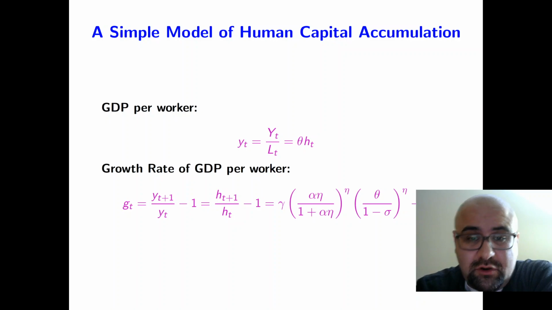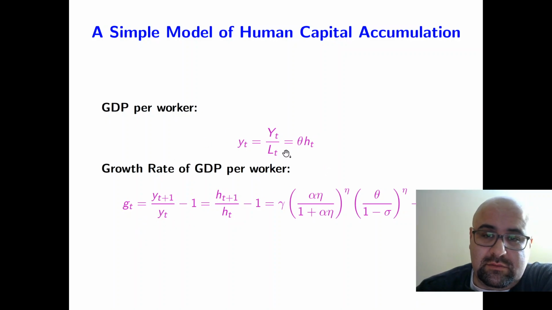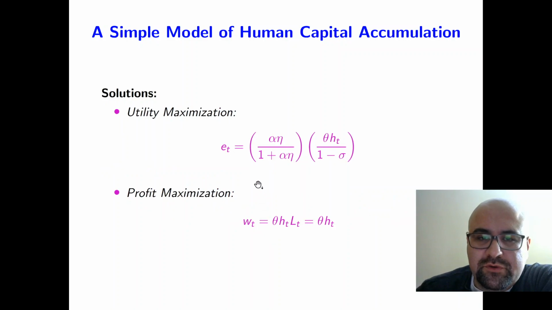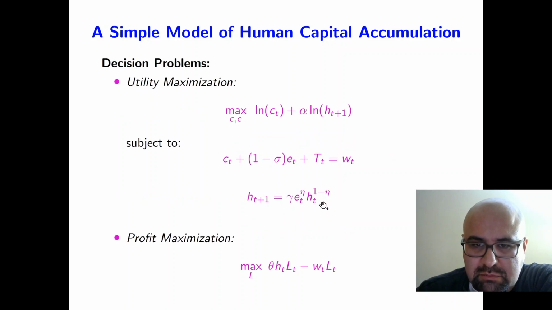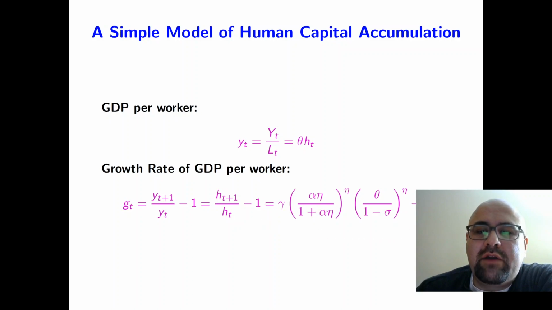But importantly, if this is true, growth rates are the same, right? So the growth rate of GDP per worker will be equal to the growth rate of human capital per worker. And if we put in the optimal level of education expenditure, and put this back into the human capital production function, we arrive at this one.